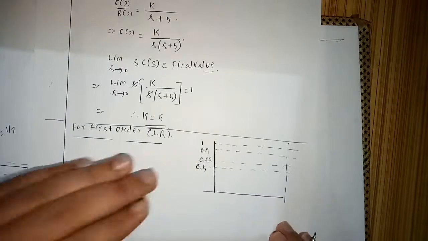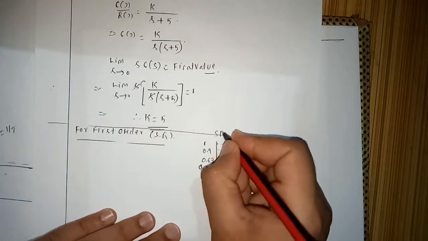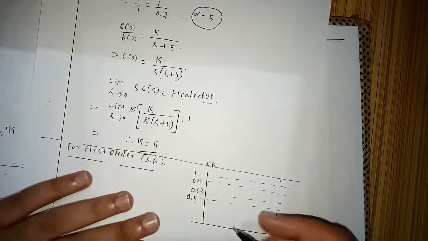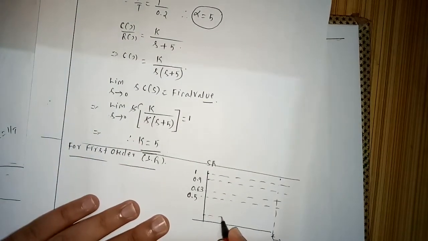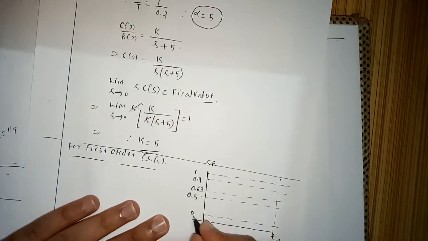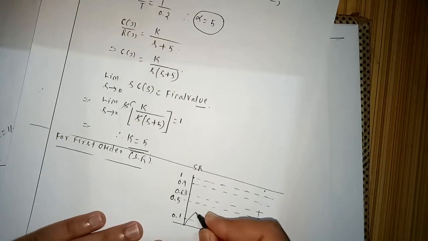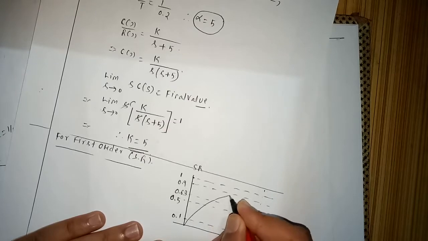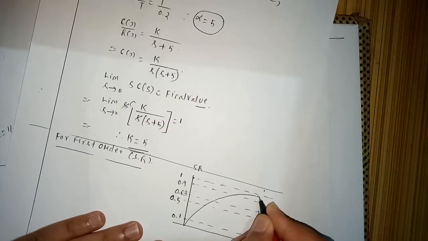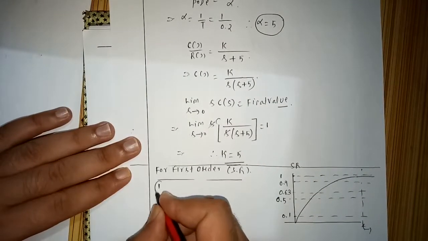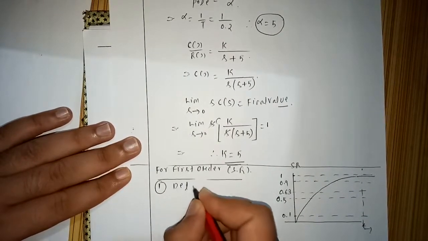I denote some of the important points. I am denoting the step response, and here it is also 10% of the final value, 0.1, and this curve will go like this, and this tolerance band will be there. Now the first thing I need to define is the delay time.